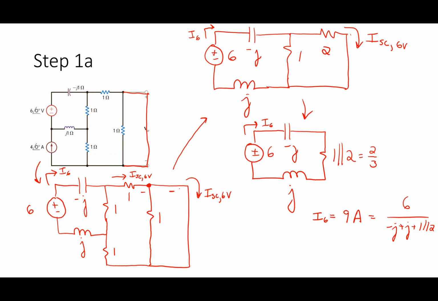And I know that this simplified circuit here was essentially, I took everything to the left of that dashed line that I just drew. Everything to the left of that dashed line was replaced with the 2 ohm resistor. Actually, to be clear, the dashed line should be a non-dashed line, right there.